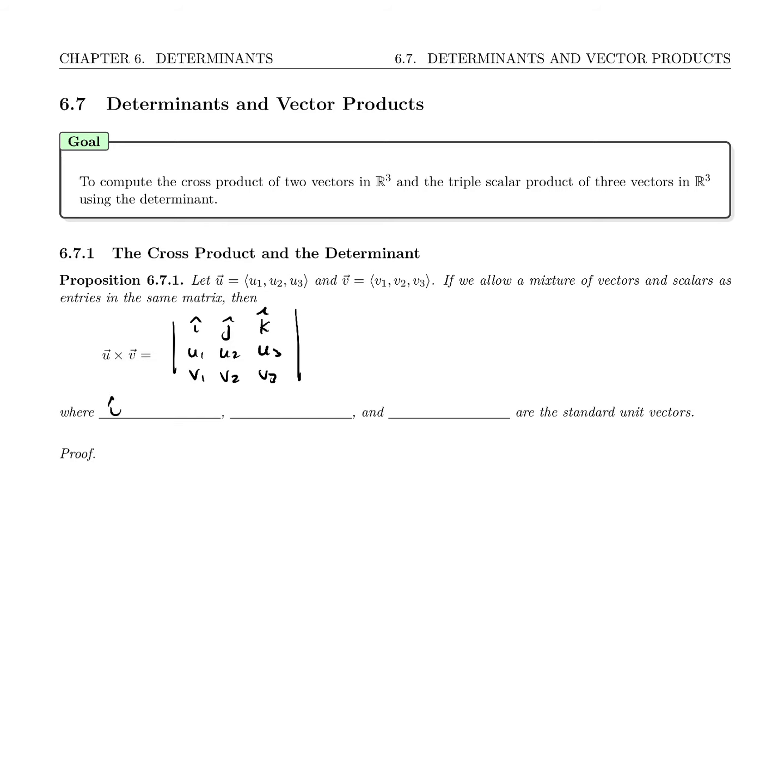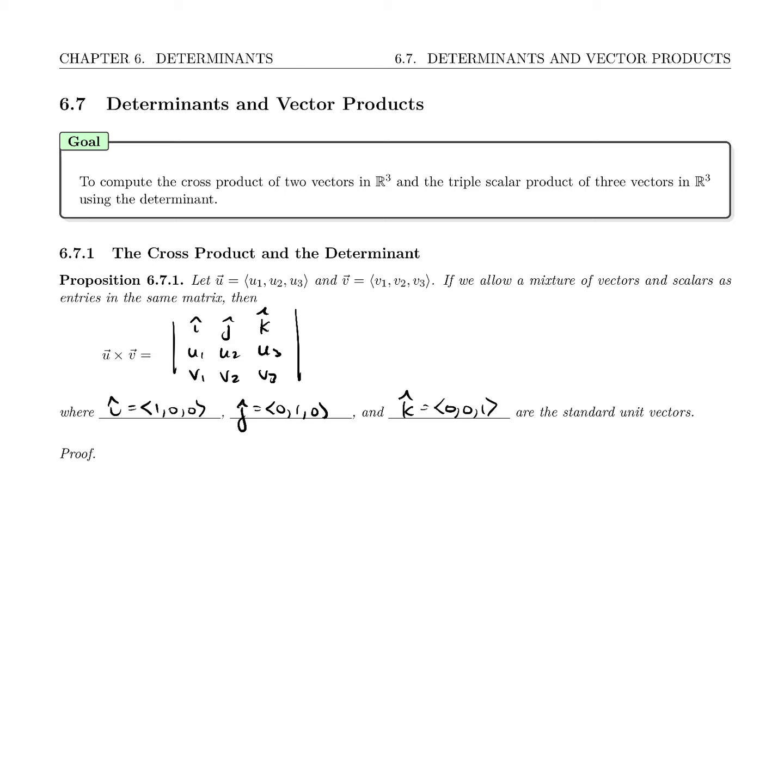We remember that i hat is the vector 1, 0, 0, j hat is the vector 0, 1, 0, and k hat is the vector 0, 0, 1, the standard unit vectors that we saw in our unit on vectors.